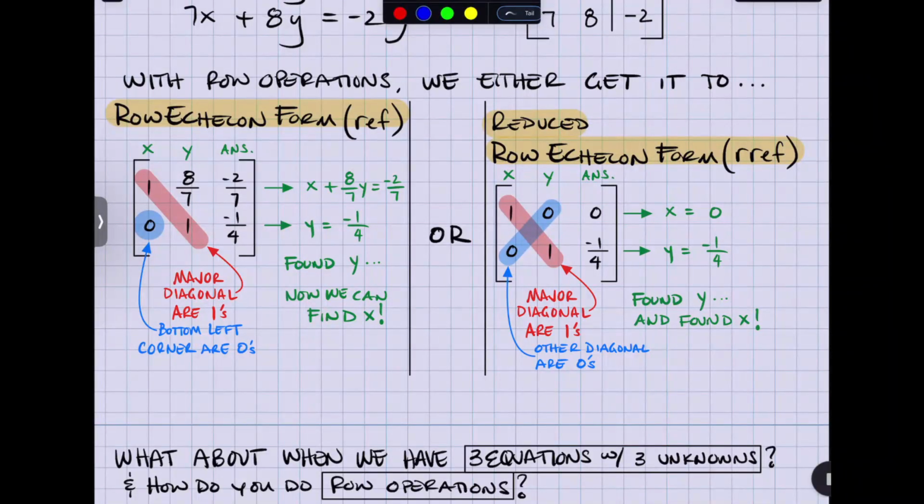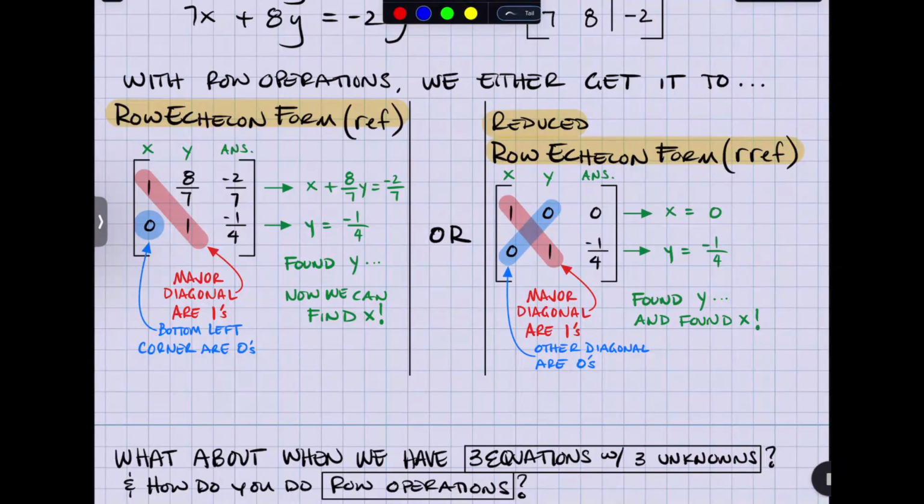If it's any bigger, still, your major diagonal is all ones, and everything to the left of that diagonal is all going to be zeros. Okay? Because obviously this could be bigger, right? More rows, more columns.